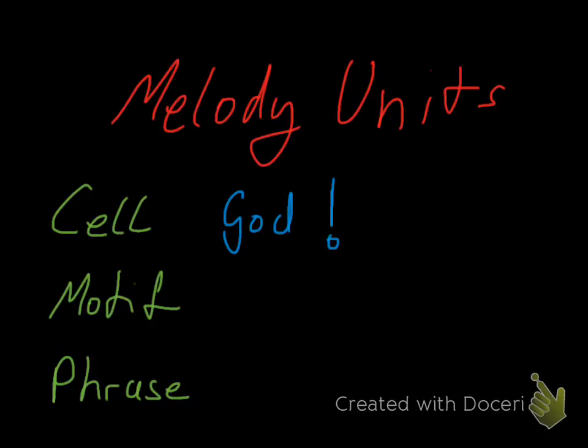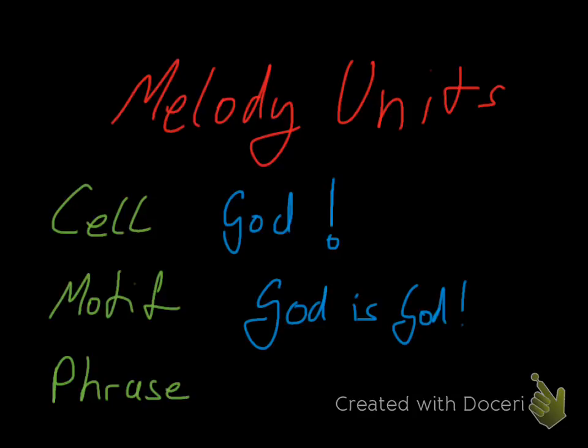The first complete idea of a melody. Let's say I want to sing about God. And so the first thing that comes to my mind is God is God. Here we have it. That is my motive. You recognize the cell is in that. And then I have God is God.